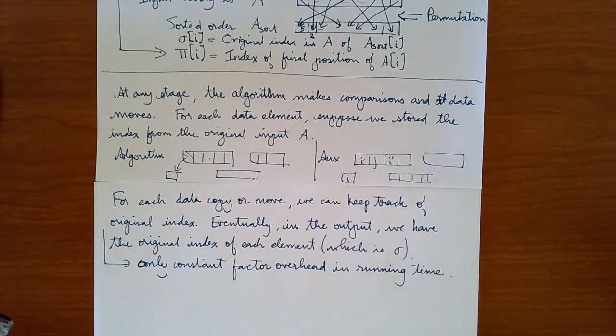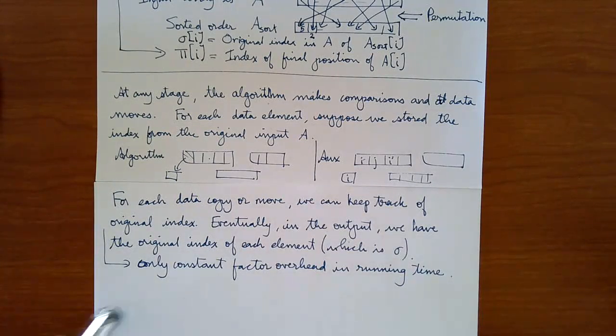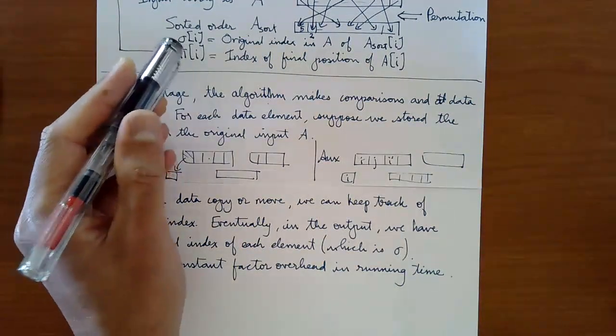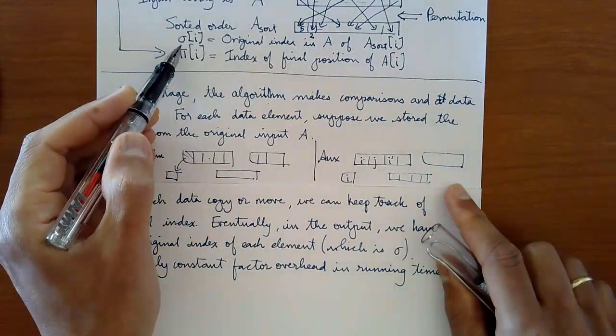So this is not for implementation. To some extent, this is not even to prove correctness, but rather this is going to help us prove the lower bound. The fact that you can always keep track of sigma, and hence pi at the end, shows that any correct sorting algorithm essentially computes sigma.